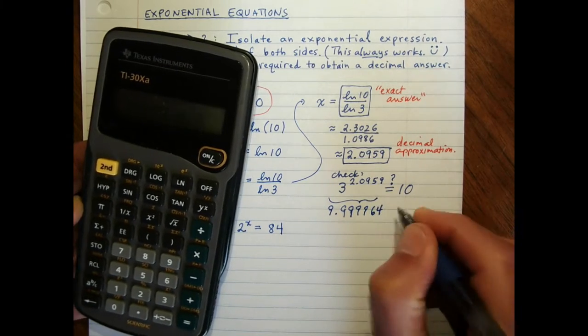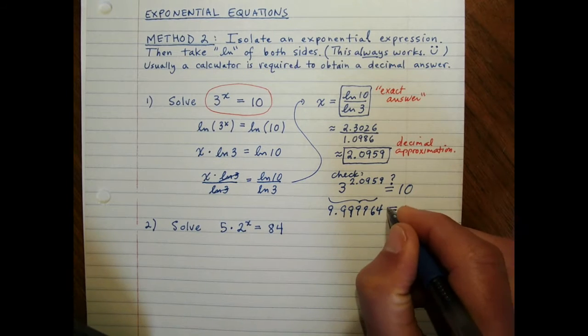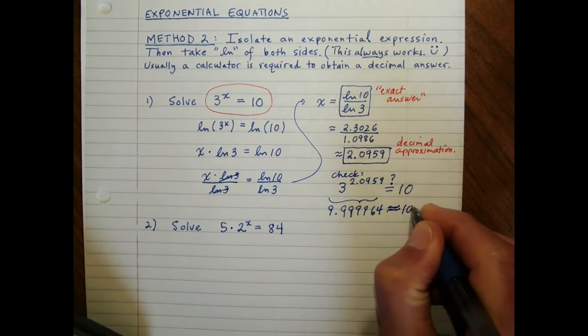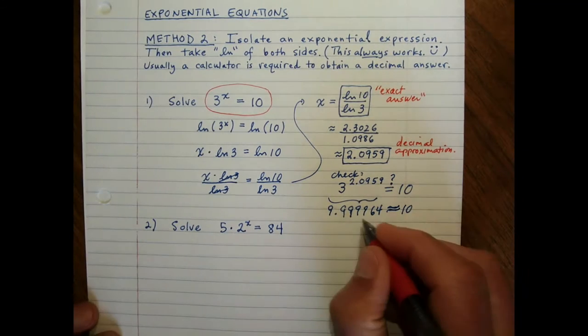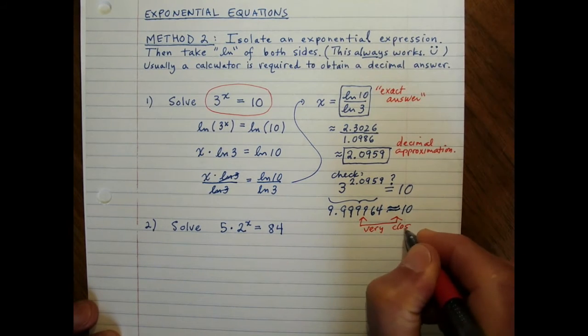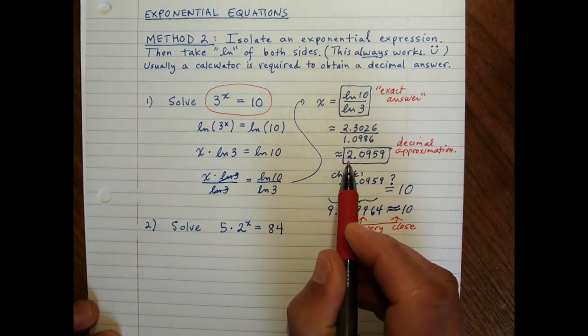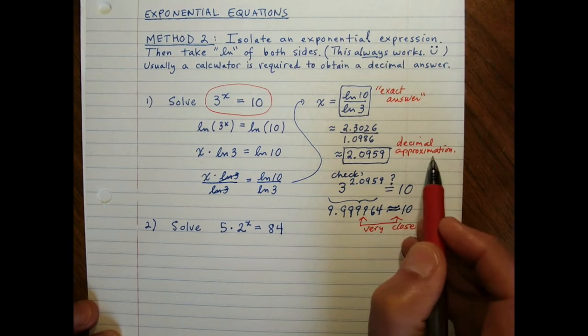And what I get is, I'm not seeing 10, but I'm seeing 9.999999964, some extra stuff. That's not quite exactly 10, but that's very, very close. And there's a reason why I'm not getting 10 exactly. It's because the decimal 2.0959 was an approximation.